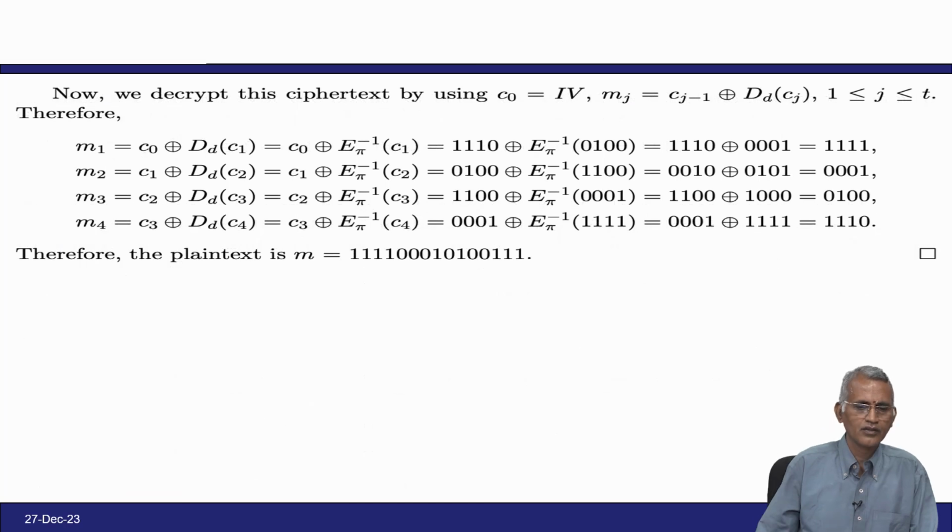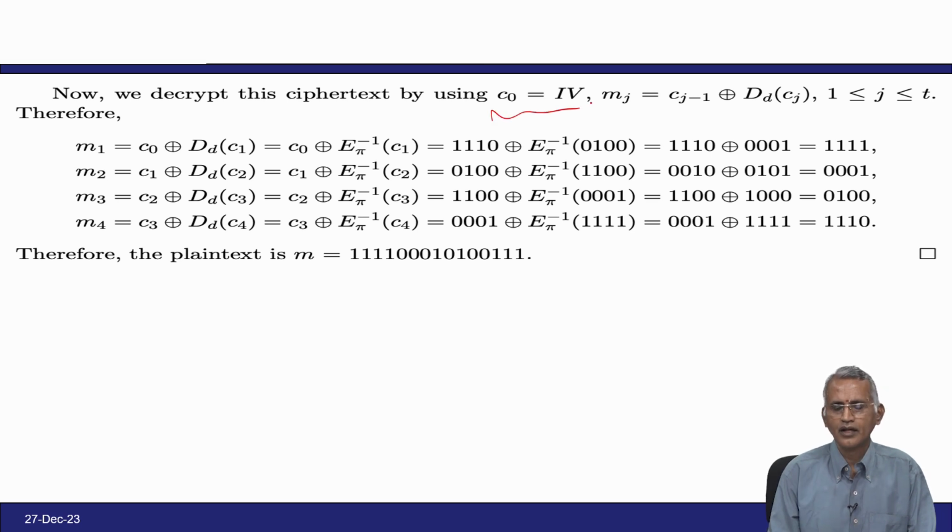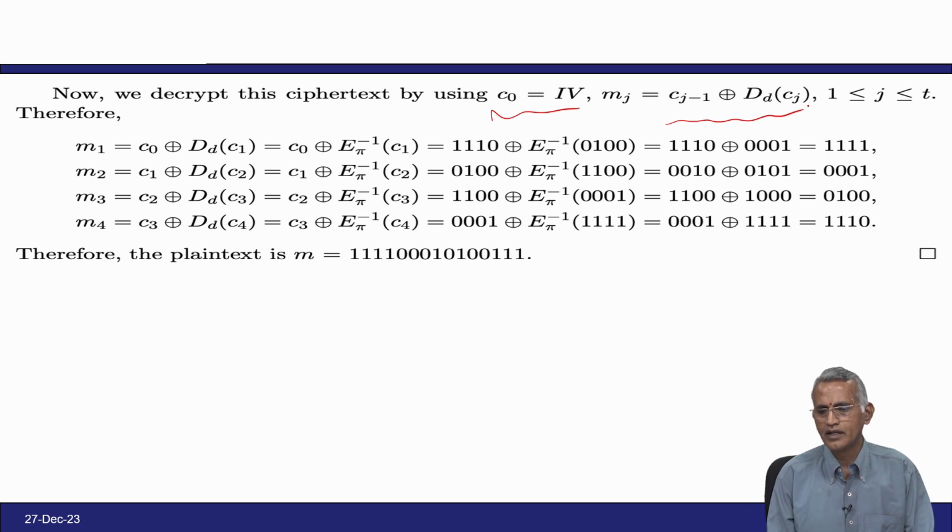Now we have to decrypt the ciphertext by using C0 equal to 1110 and Mj equal to Cj minus 1 XOR D suffix pi of Cj, where j varies from 1 to t.